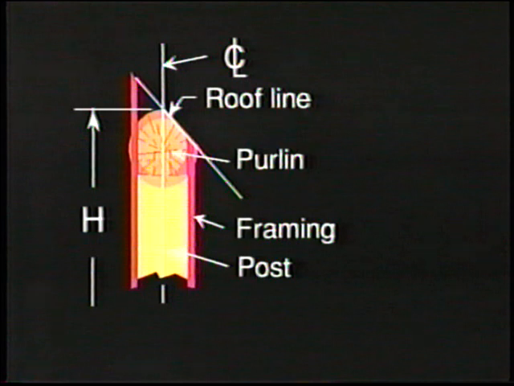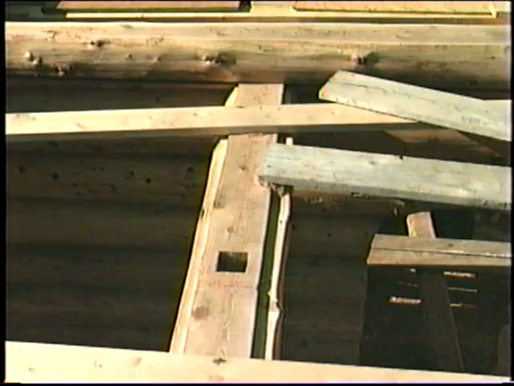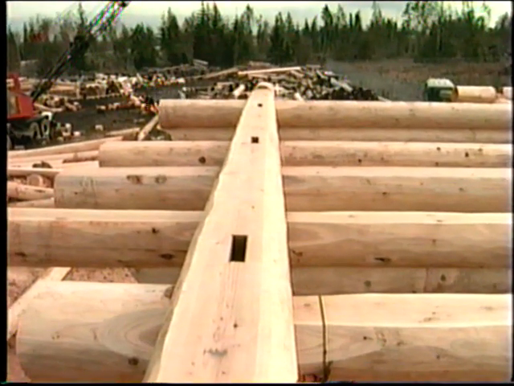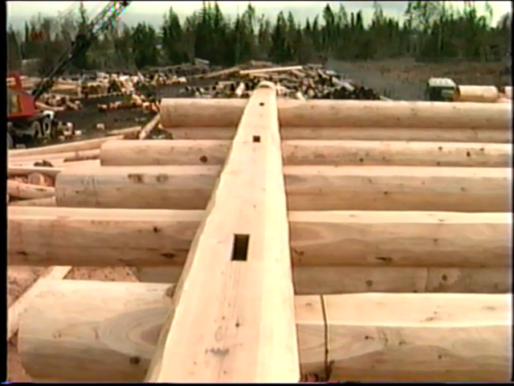The post for the purlins will be treated in the same way, but instead of the apex of the log, you can dimension your height from the intersection of the center line and the slope line. The simple mortises on the top of the cap log can be cut on the building.